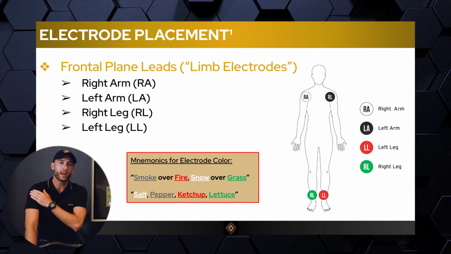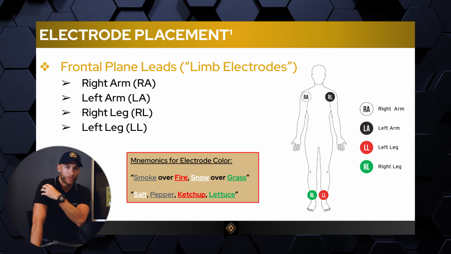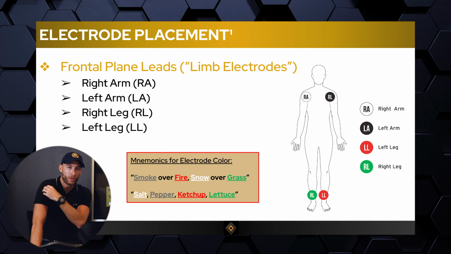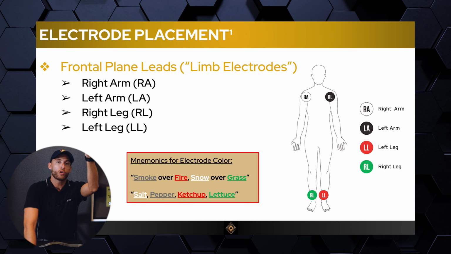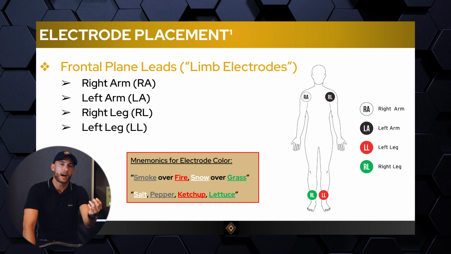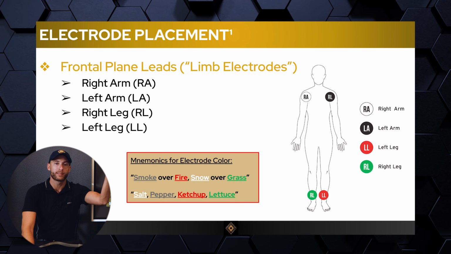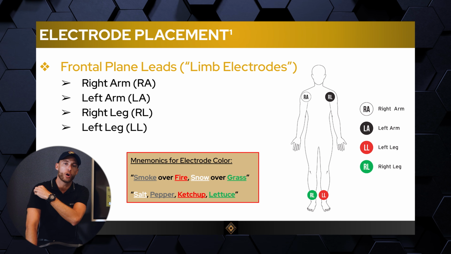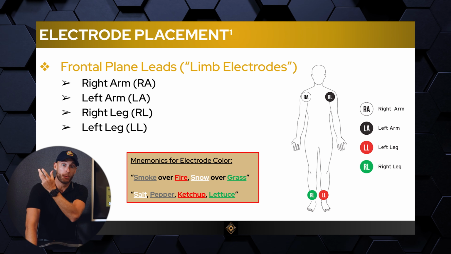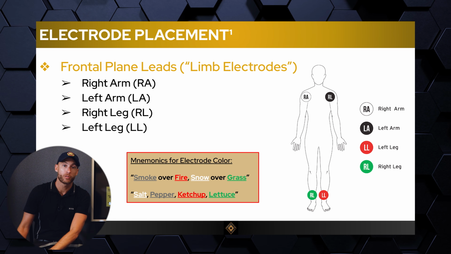Now, when I think about the white electrode, I want to give you a mnemonic. Snow falls on top of the grass. If there's a fire on the ground, smoke rises. Snow is above the ground, grass.